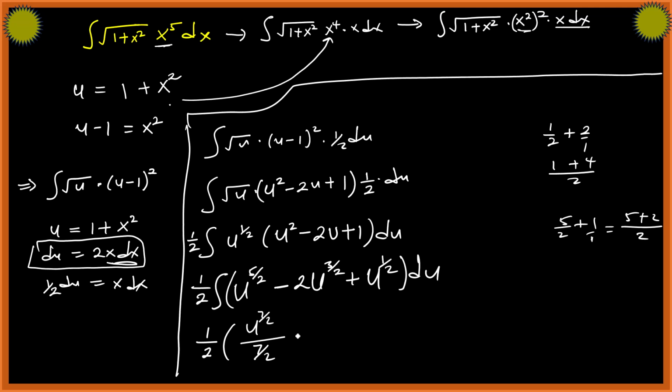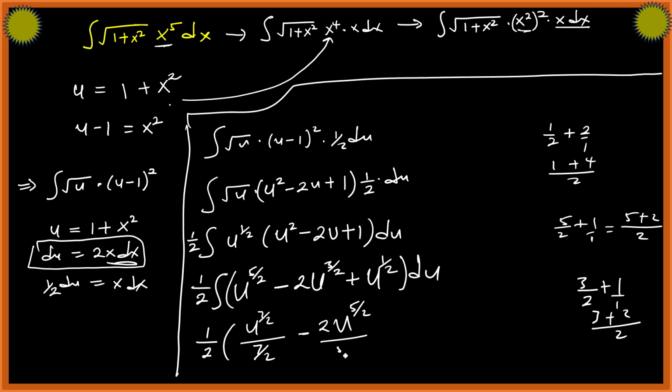Minus, so I'll add 1 here, so 2u raised to 3 on 2 plus 1 gives 5 on 2, over 5 on 2.